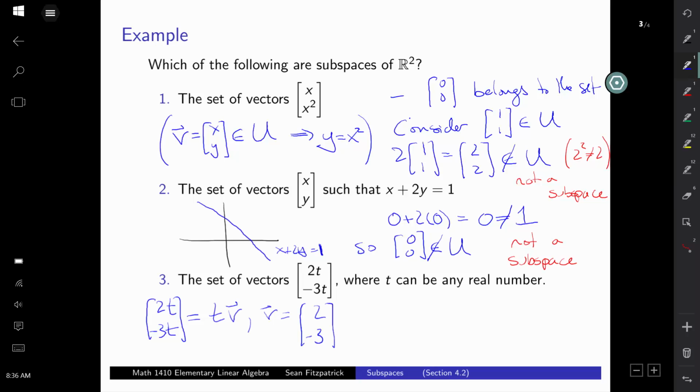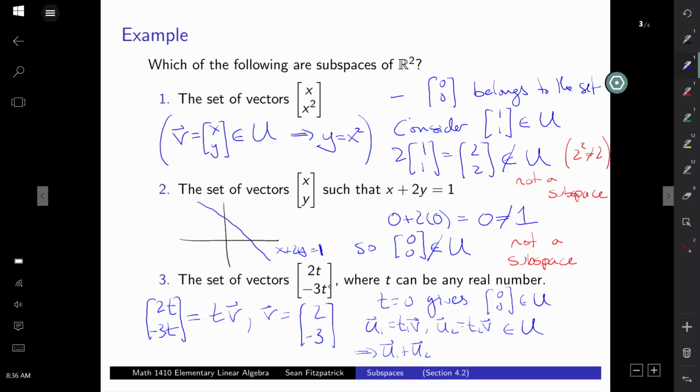First of all, we notice that t equals 0 gives the zero vector in U. And if I had two vectors, say u1 equals t1 v and u2 equals t2 v, if they belong to U, that would imply that u1 plus u2, so that's t1 times v plus t2 times v.